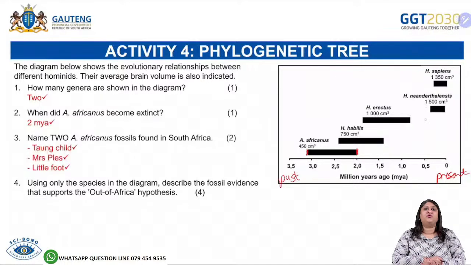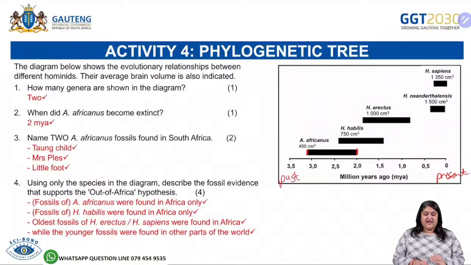Okay, and all humans today originated in Africa. They originated in Africa and then they migrated out of Africa. And we have fossil evidence and we have genetic evidence to support this. So the fossil evidence basically is that the fossils of A africanus were found in Africa only.